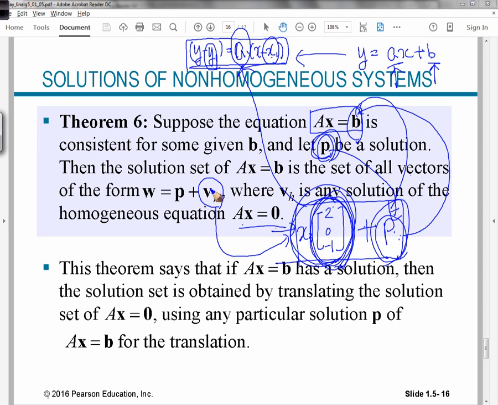But suppose, yeah, this is a kind of potential exam question, okay? I think I gave one question based on this theorem. I gave you one point satisfying Ax equals b, okay? And then I gave you the reduced echelon form of Ax equals 0.